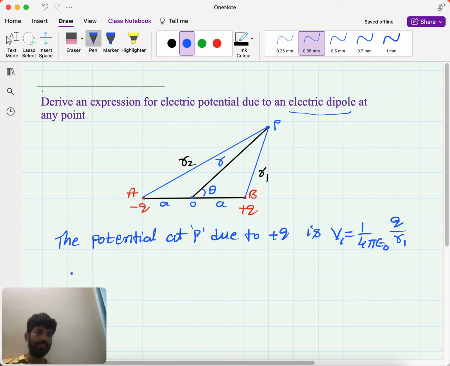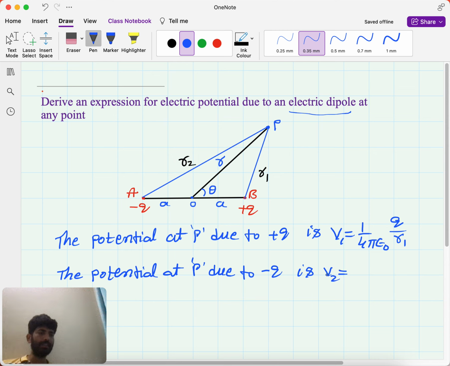Next, the potential at P due to minus q. As we know, negative charges give negative potential and positive charges give positive potential, so due to the negative charge the potential is negative. That's why we write V2 equal to minus 1 by 4 pi epsilon naught q by r2.